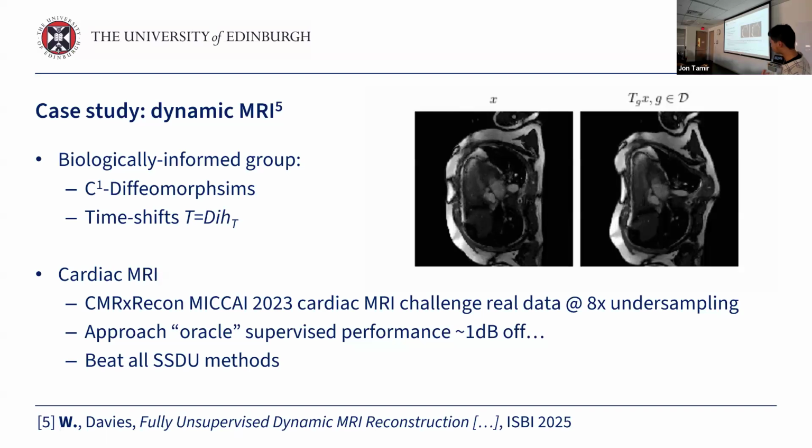For example, when you want to do brain analysis, you have to morph the brain into a standard atlas so that you can do the analysis very easily. Because of that, we can use that as an assumption. We can say that because we have soft tissue, we can assume biologically that the set of all of the images, or all of the hearts, for example, is invariant to this group of diffeomorphisms.